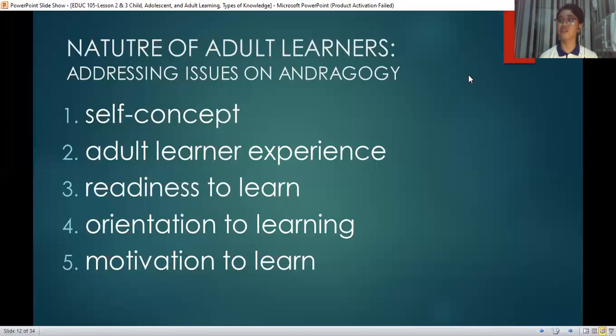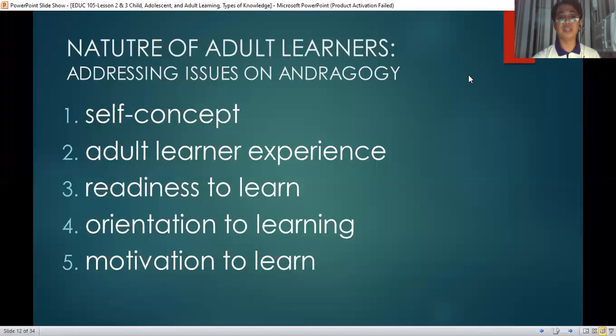That's another advantage of having an adult learner. They have this wide range of experience to share to the class. So they can use that as a resource for learning. And you assume also that these people are the wisest learners because of experience. Okay, next, number 3.